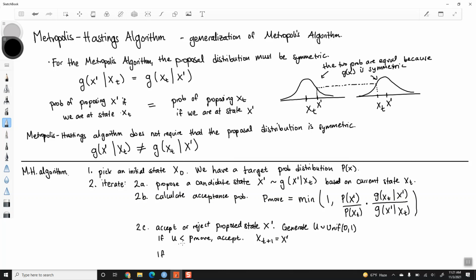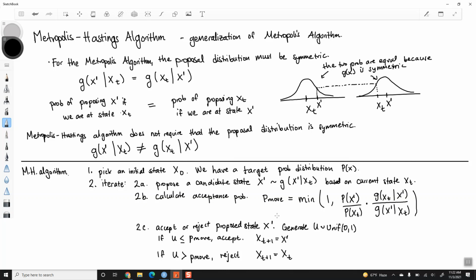If u is greater than p move, reject. And x at time t plus 1 will just be a repeat of x at time t.